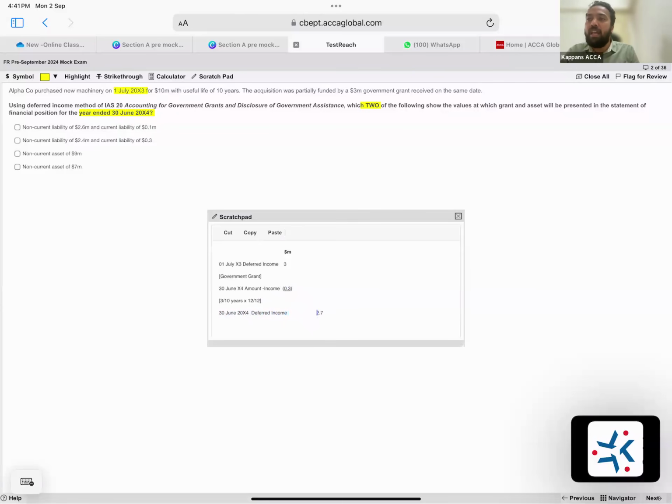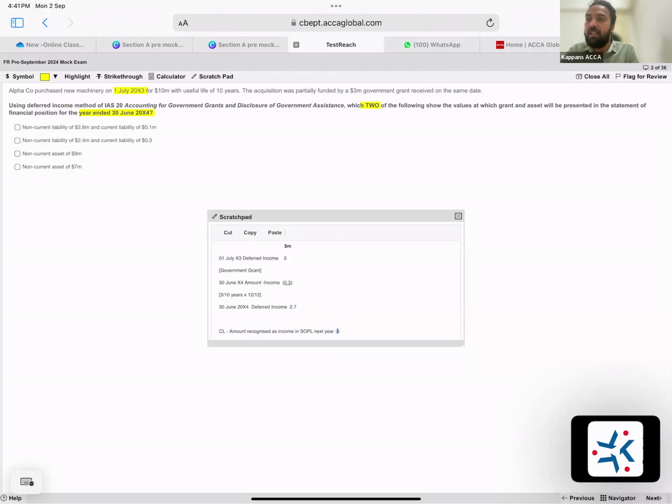Now this deferred income of 2.7 million should be split into current and non-current liability. Current liability is the amount recognized as income in SOPL in next year. Since depreciation is based on straight line method, every year the income will be 0.3 million.